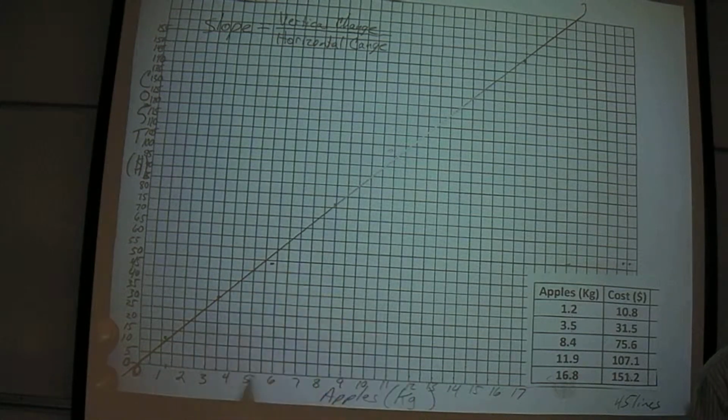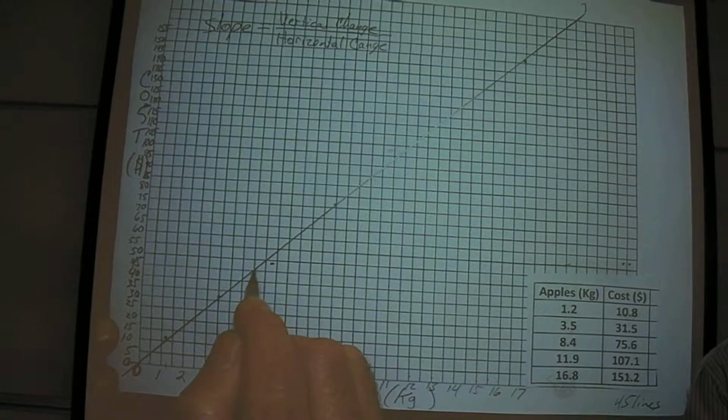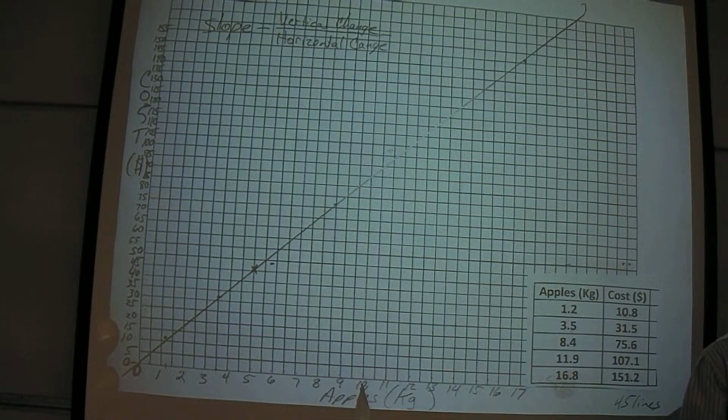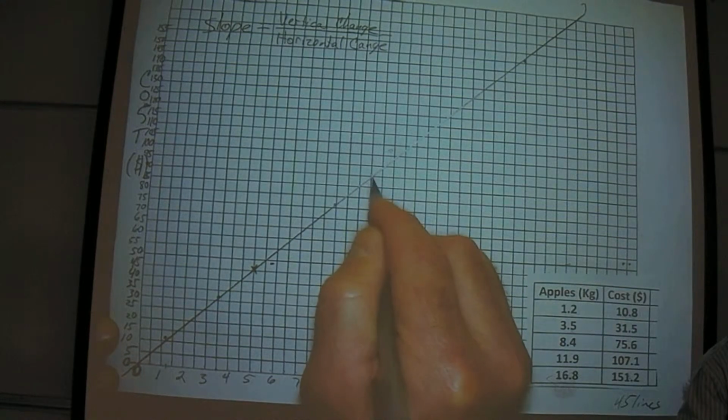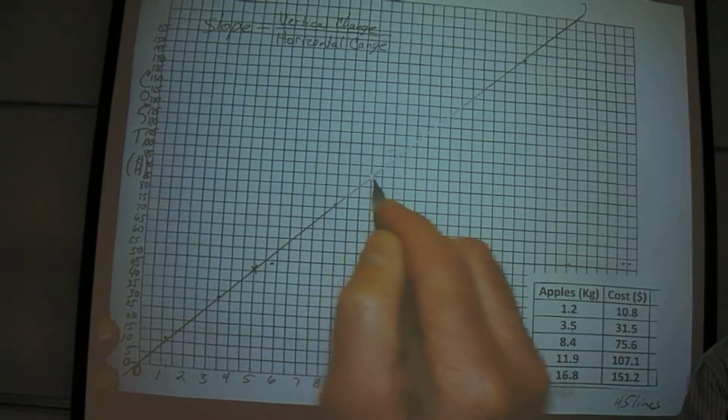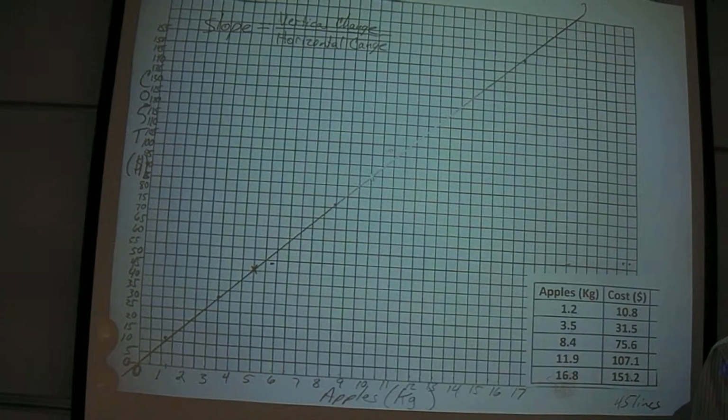I would simply pick 2 places on the line, and I would choose places for convenience sake. I can follow 5 up to this point, and I can just go over a nice number, 5 more, and choose a different point here. And why I did that will become obvious in a minute.